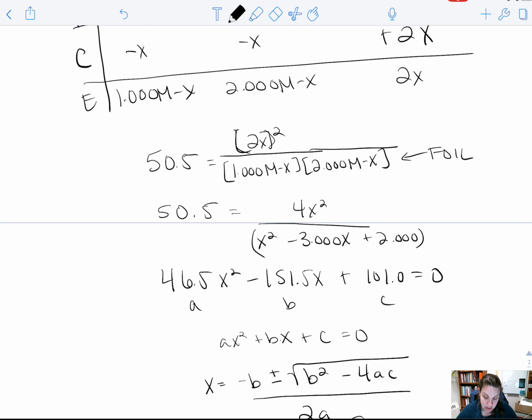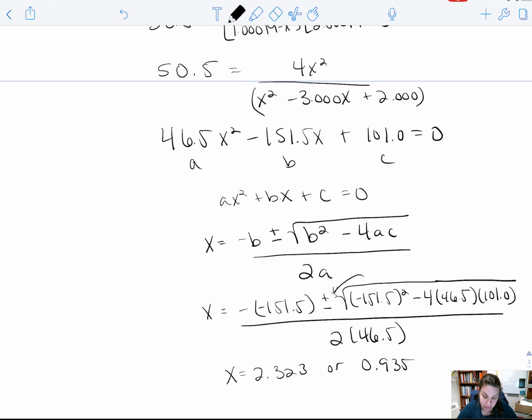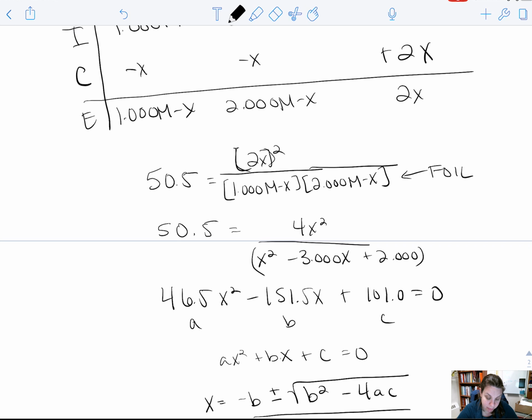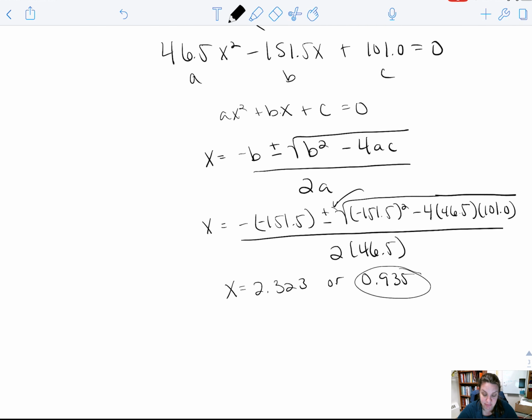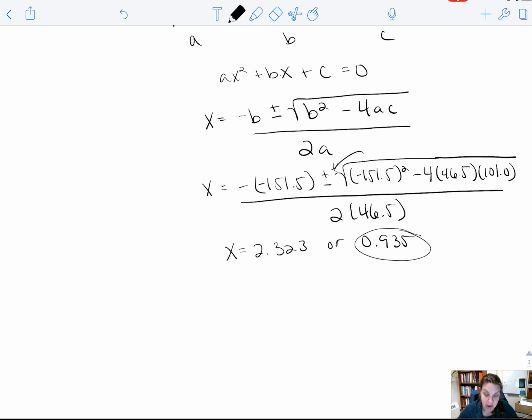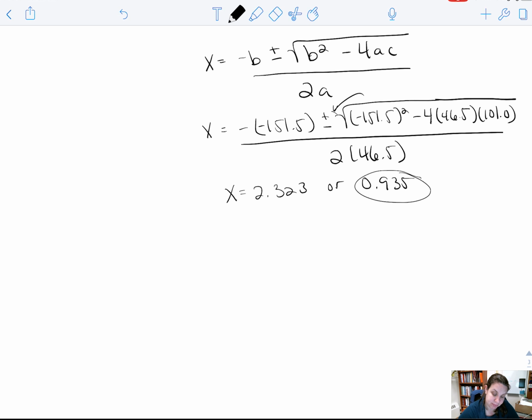So if we were to subtract 2.323 from 1.000 or 2.000, we get a negative concentration, which is not possible. So x must equal 0.935. Usually when you solve for x, you're going to get two values. One will make sense, one will not. So just keep that in mind.